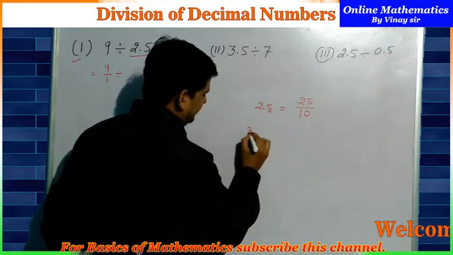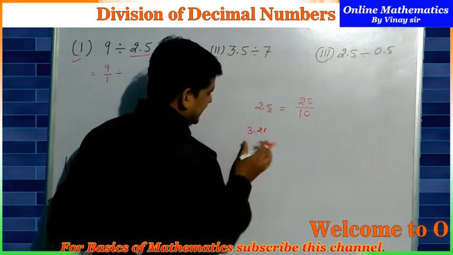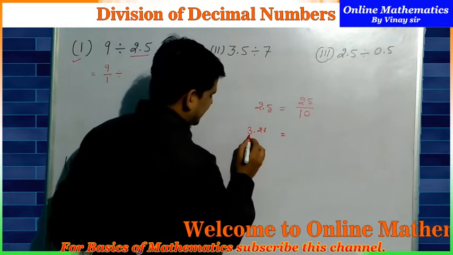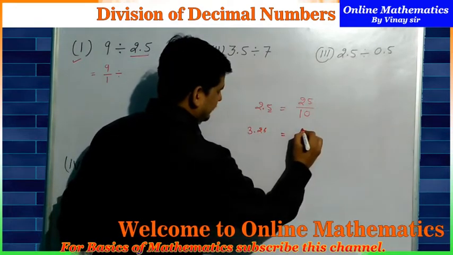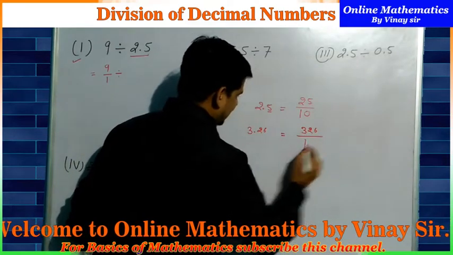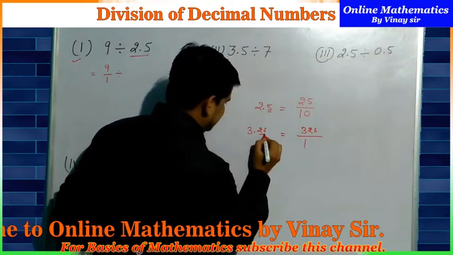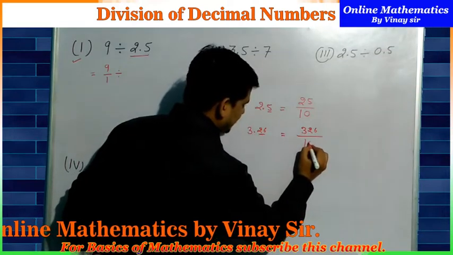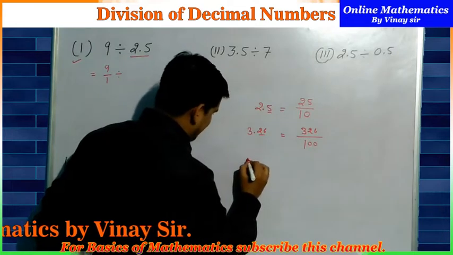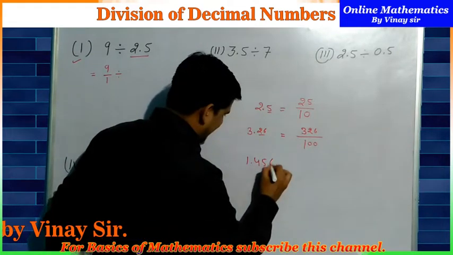Suppose we have a number 3.26 and we want to convert it into the form of a fraction. First of all, this 3.26 will be written without the point, and it will be 326. In the denominator we write 1, and it has 2 digits after the decimal point, so we have to write 100. Suppose we have the number 1.456.